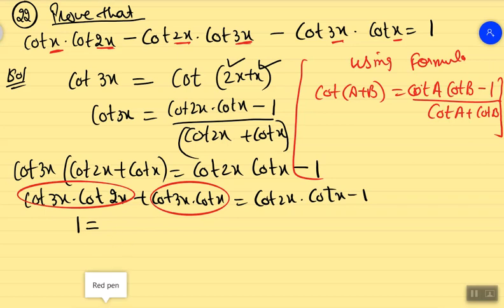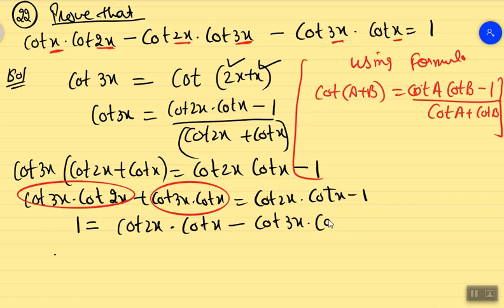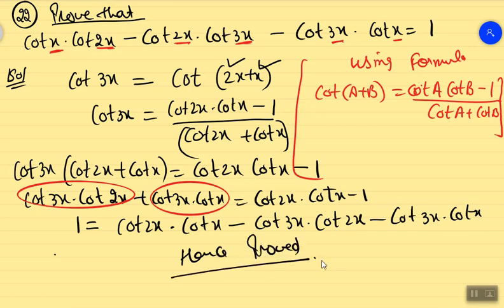So what will be the answer? Cot 2x cot x, cot 3x cot 2x, which is positive on the left hand side, will become negative on the right hand side. Cot 3x cot x will become negative too, and hence proved. So this is also a unique question, we have done it.